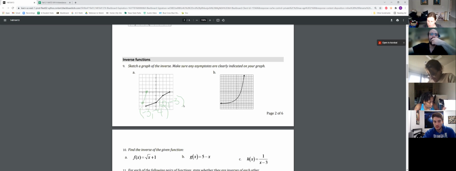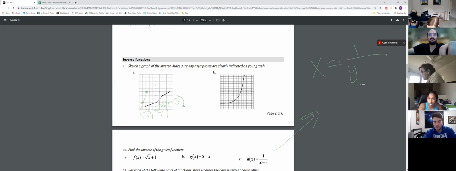And then just to at least say what we would do on 10C, over here, we would switch our X and Y. So 10C, we would do X equals 1 over Y minus 3. And then we would solve for Y. Here y is going to be 3x plus 1 over x. Yeah, so I would do our butterfly like Ganya was talking about, or cross multiplication.